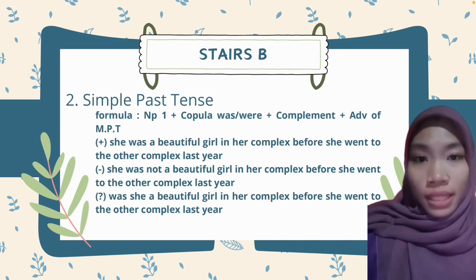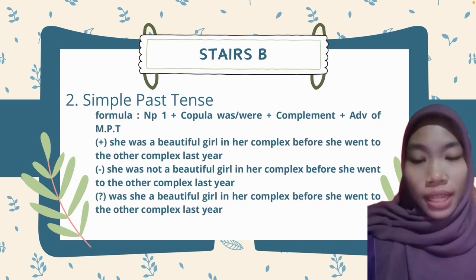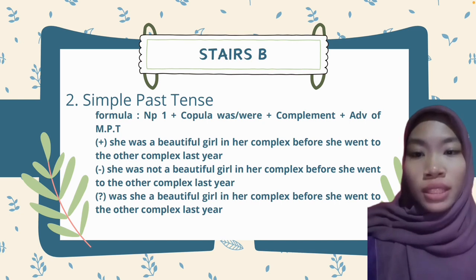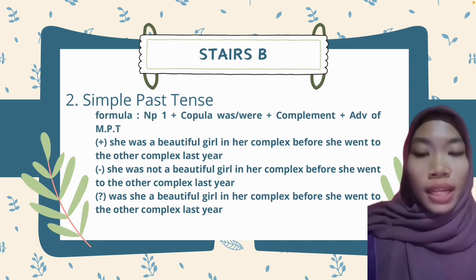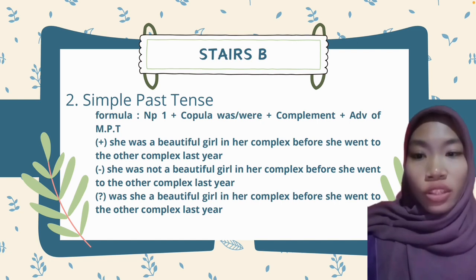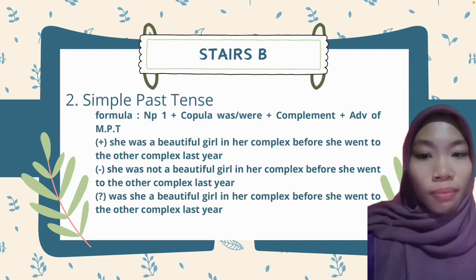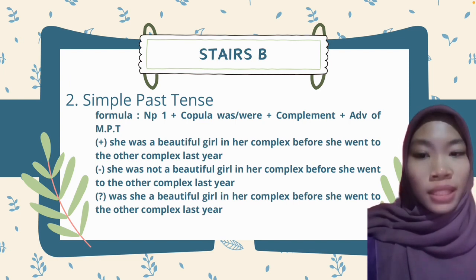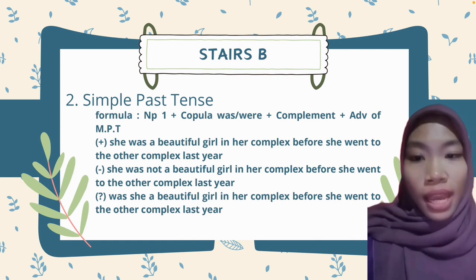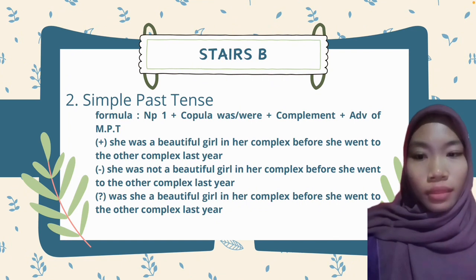The example is, she was a beautiful girl in her complex before she went to the other complex last year. She is noun phrase 1, was is copula, a beautiful girl in her complex before she went to the other complex is complement, and last year is adverb of time.